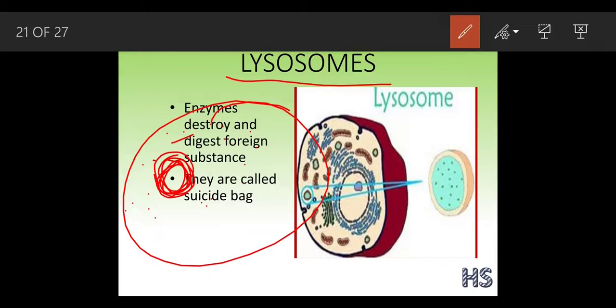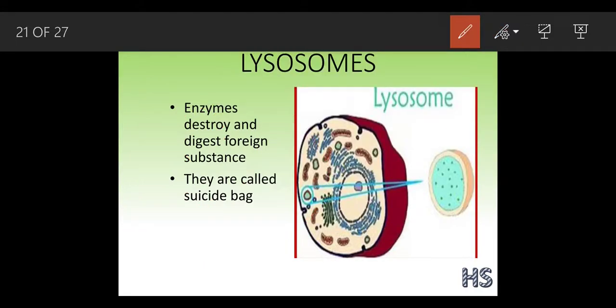Okay, why is the wall quite thick? The reason is that whenever cells get damaged or destroyed, its own lysosomes digest the cell. Suppose this is a cell which is damaged, and this is the lysosome present here.